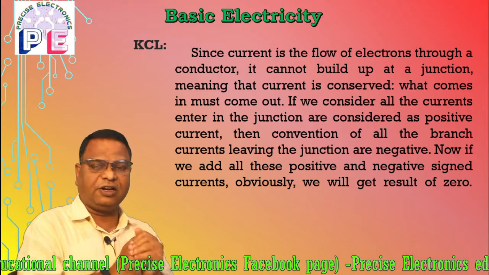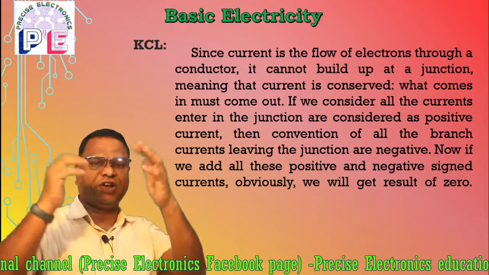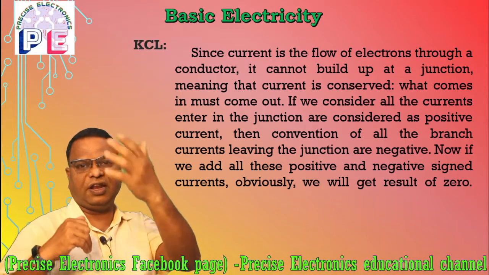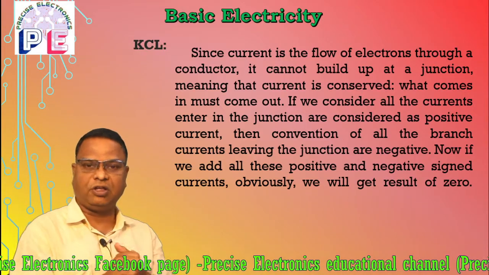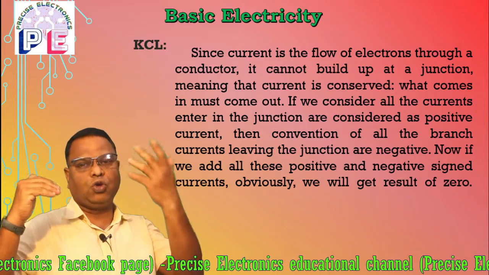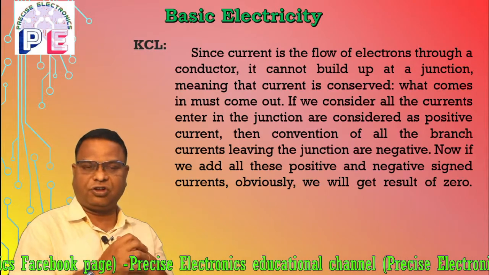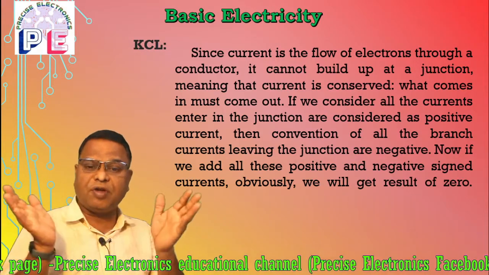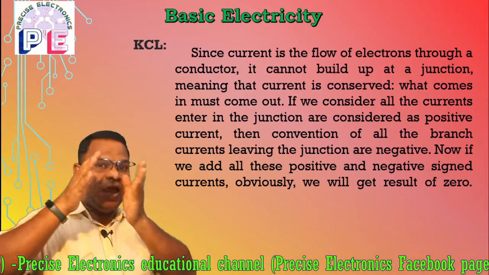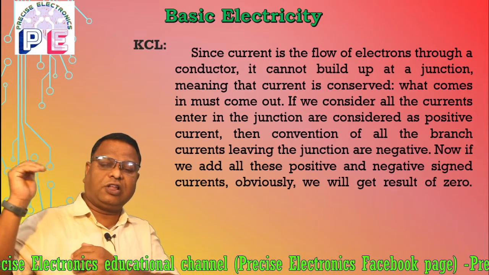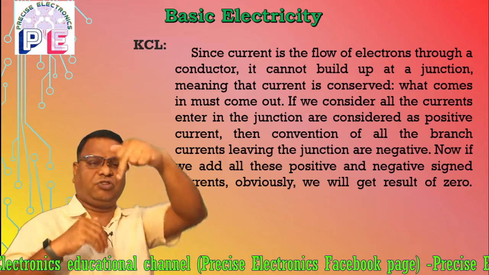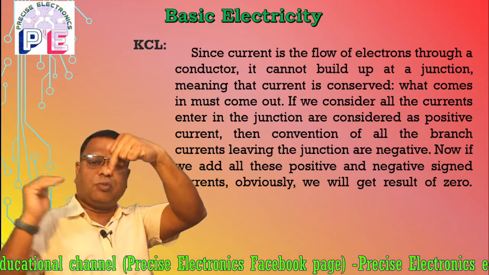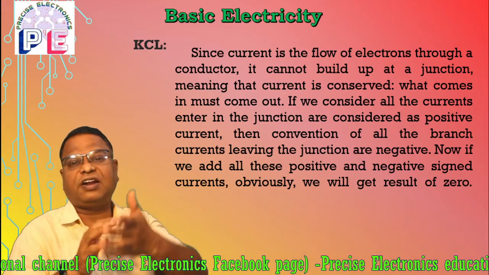Suppose there are 5 conductors, with currents I1, I2, I3, I4 and I5. If I1, I2, I3 are the currents flowing toward the junction, and I4, I5 are the currents flowing away from the junction, then current moving toward the junction is considered positive.